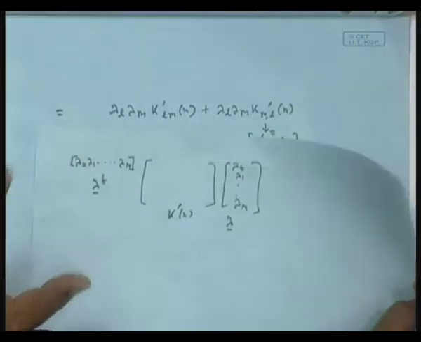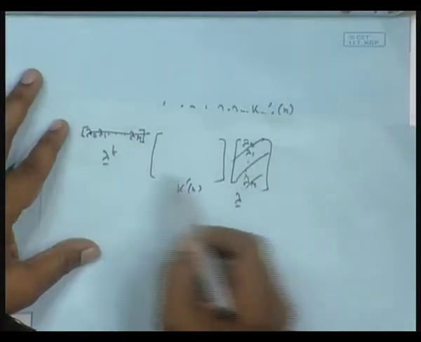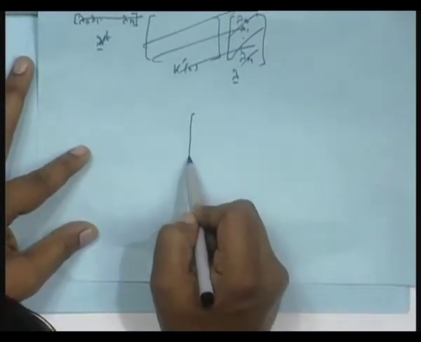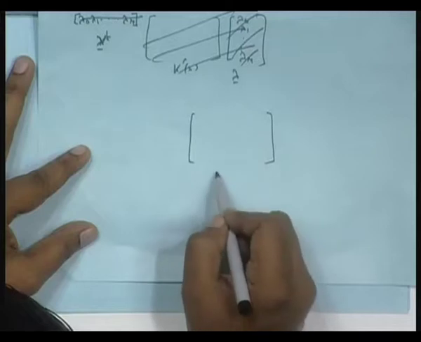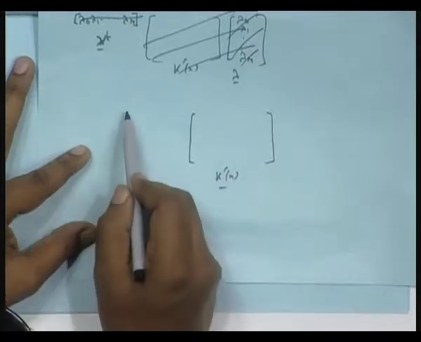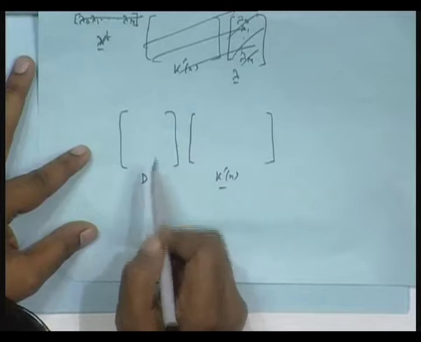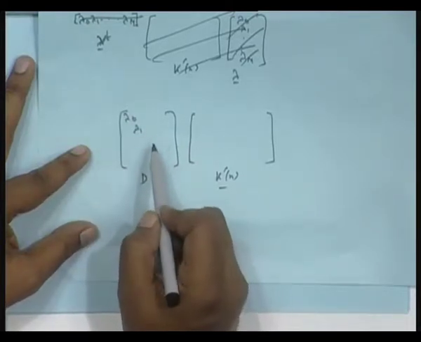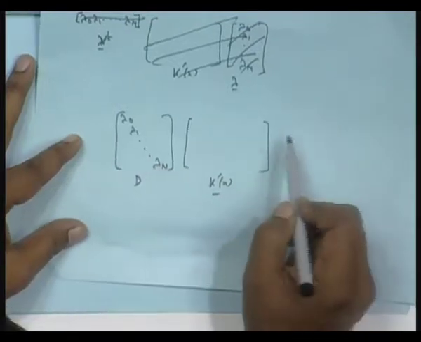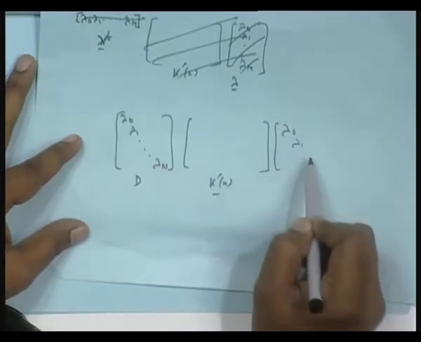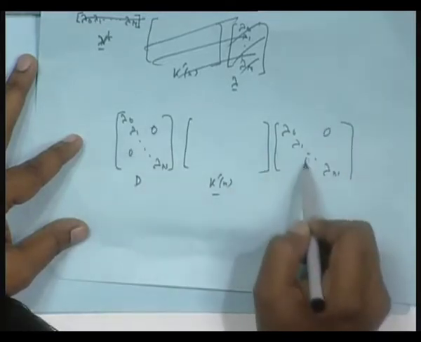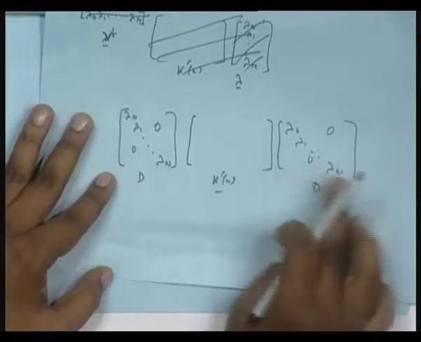Just a minute. You have the vector d, the diagonal matrix consisting of the eigenvalues, and here also. So, you get a matrix, only zeros and d, matrix into matrix into matrix.